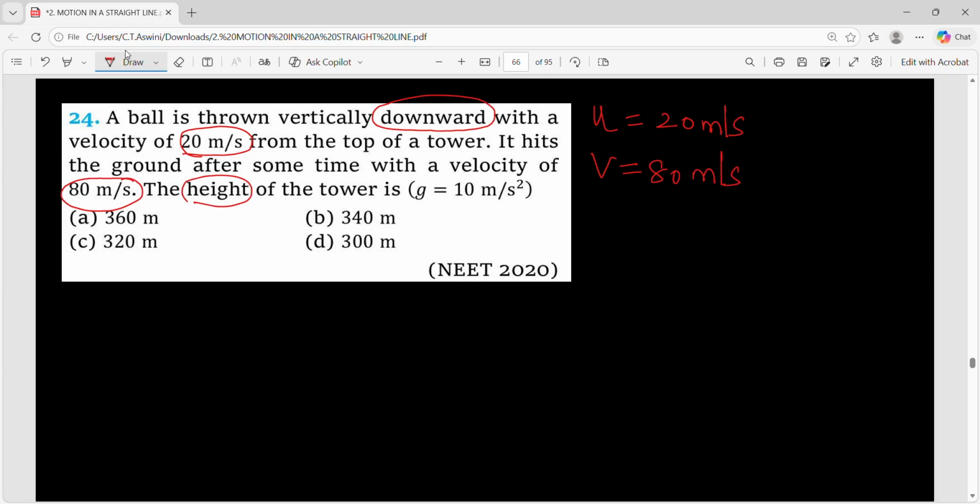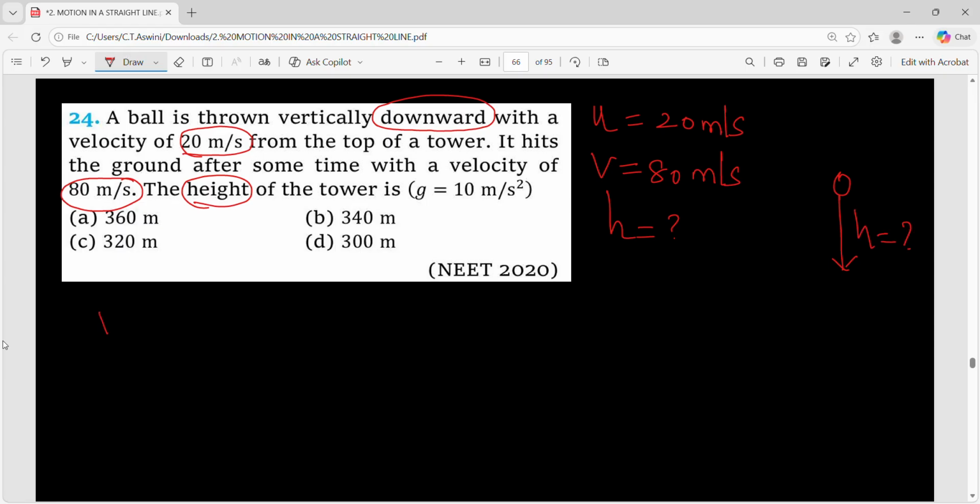You need to find the height of the tower. In this case, can I consider height as the distance covered by the ball? Because the ball was thrown vertically downward from the top of a tower and it was hitting the ground. That means the height of the tower is nothing but the distance traveled by the body. And you need to find this height.